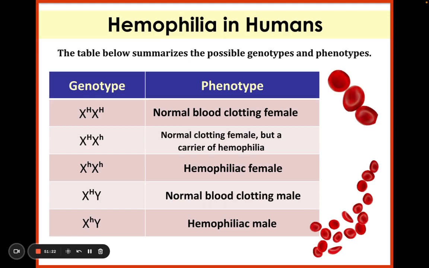And so we look at a pedigree and we can see how many generations and the different genotypes, and we can determine who's the carrier and who's not. And we're going to look at pedigrees and karyotypes today.